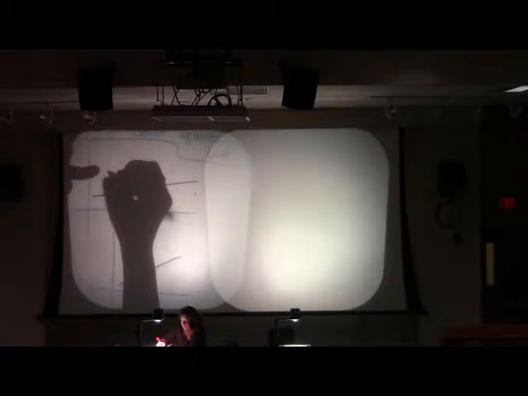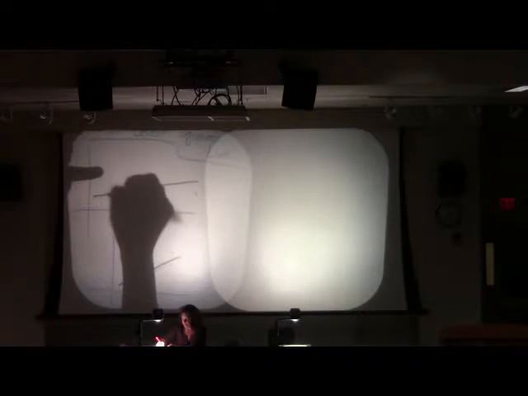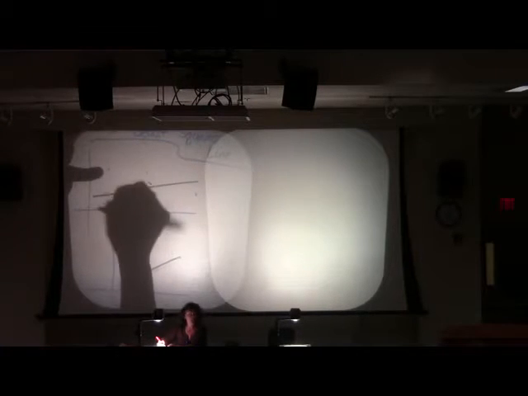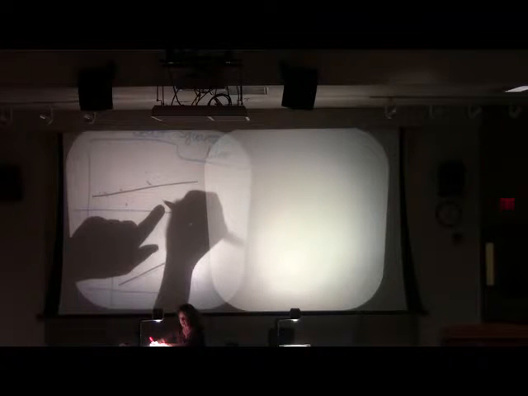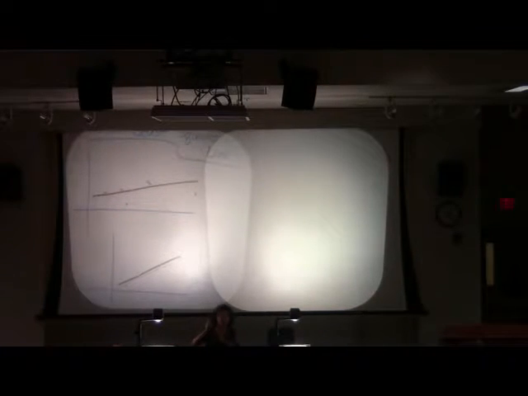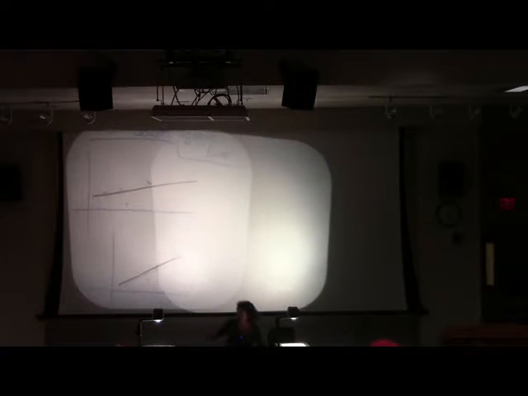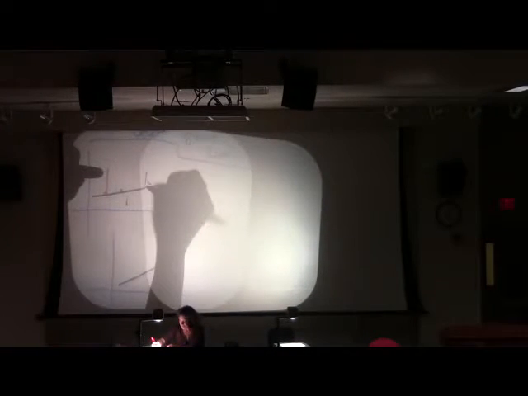Now, do you agree that for any point above my line, if I take my data point minus the point on the line, I get a positive number? Whereas for the data points below, if I take the data point minus the value on the line, I get a negative number. Remember, these things offset each other. So the way we get rid of negatives is we square things. So essentially, what's going on here is we're looking at the vertical distance between each data point and the line.